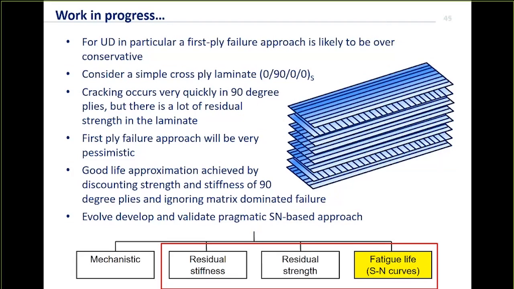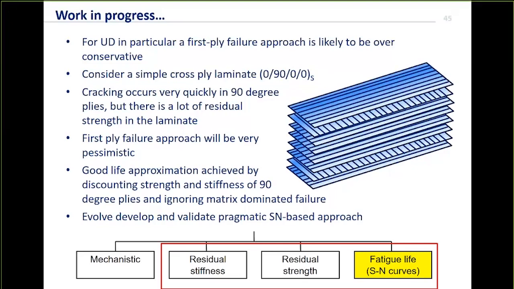If you use it as a first ply failure approach, particularly for UD materials, it's likely to be conservative. So you can see this if you consider a simple cross-ply laminate. So this is a 0/90 laminate. If you load this up, in practice, cracking is likely to occur very quickly in the 90-degree layers, but that doesn't really impact the strength of the laminate very much because you still have all the strength of the 0-degree plies.